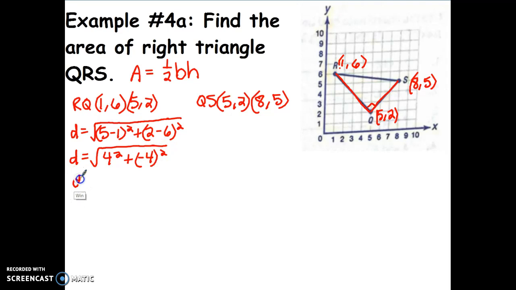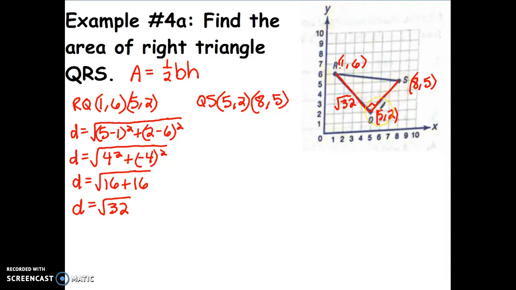So 4 squared is 16, and negative 4 squared is also 16. 16 plus 16 is 32. And this is not a perfect square, so we're going to leave it in radical form. So the length of RQ is square root of 32.